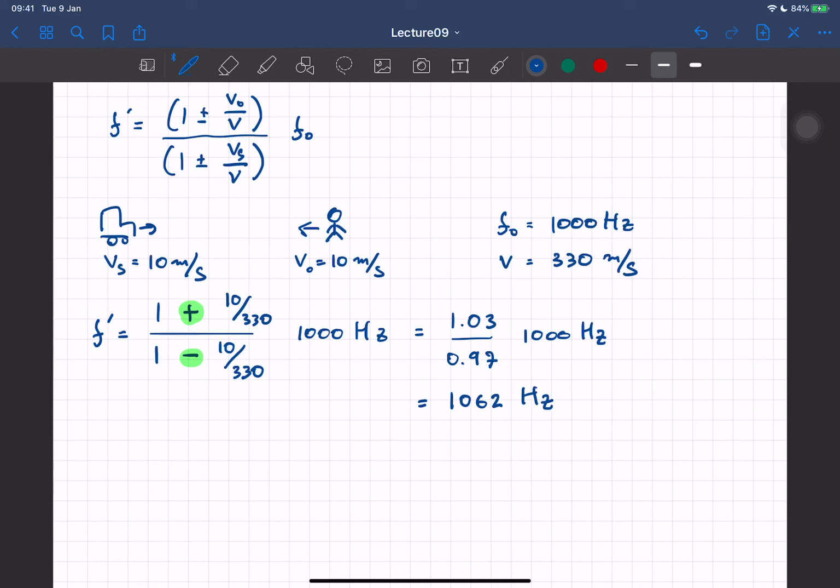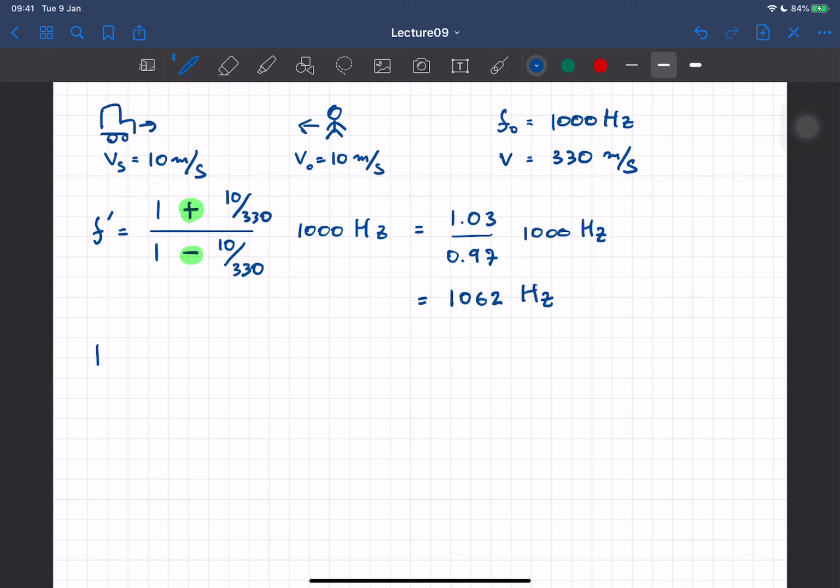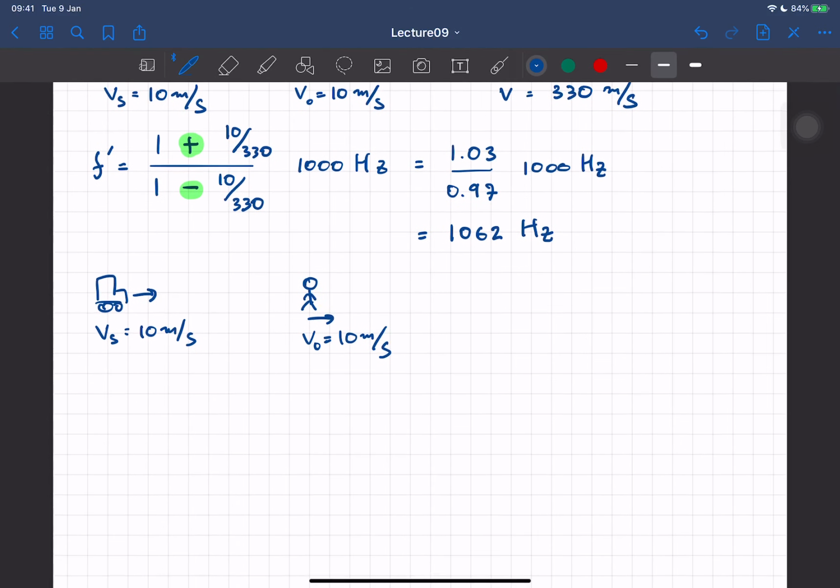And one interesting thing you can see here is that you can actually cancel the effect of the source velocity by moving away from the source itself, right? So if I change the situation such that the ambulance is moving to the right with v equal to 10, and then the observer is also running away from the ambulance with the same speed, like this, right?